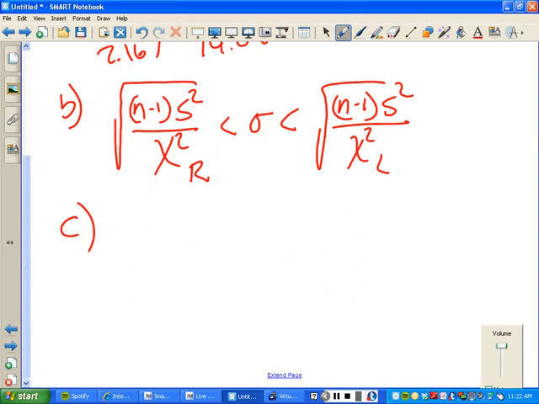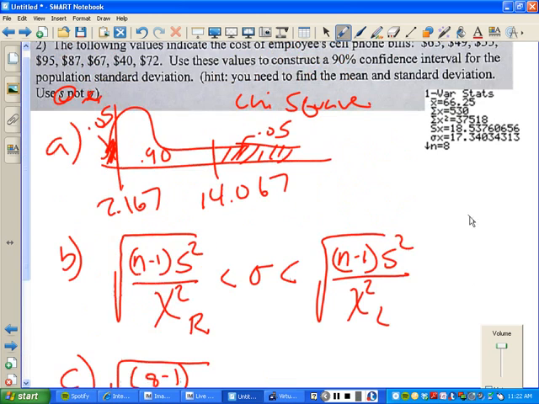All right. Part C. Square root of 8 minus 1. Well, I would probably not be making these mistakes if I wasn't being yelled at by somebody. Completely off my game right now. 8 minus 1. S squared is 18.5.